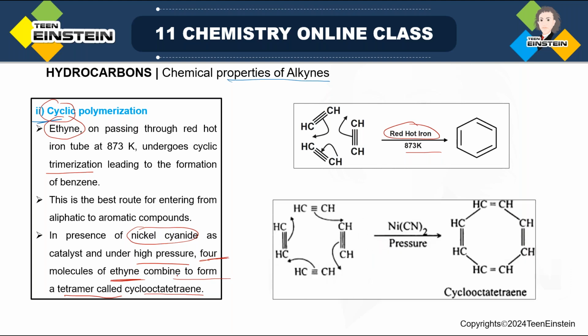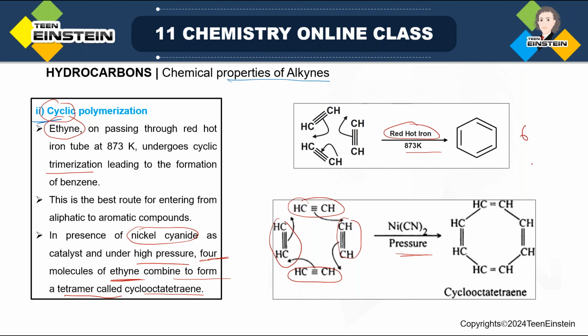So this is also a cyclic type of structure. As you can see here, total 4 molecules of alkynes, that is basically acetylene, or you can say ethyne. So total 4 molecules in presence of high pressure and Ni(CN)2, we are getting this type of 8-membered ring.